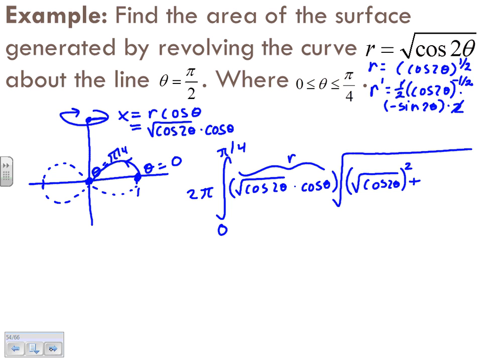So those will cancel, right? So I have negative sine 2 theta over cosine 2 theta, d theta.